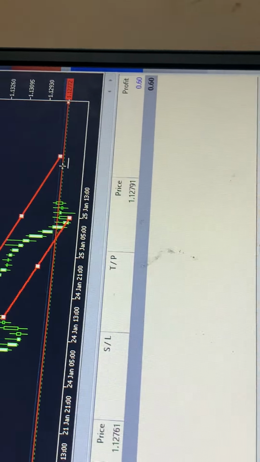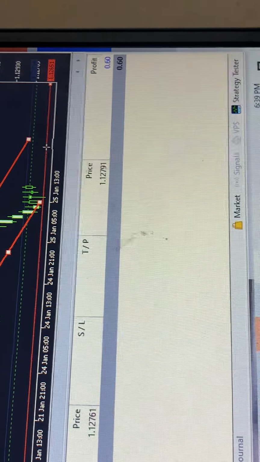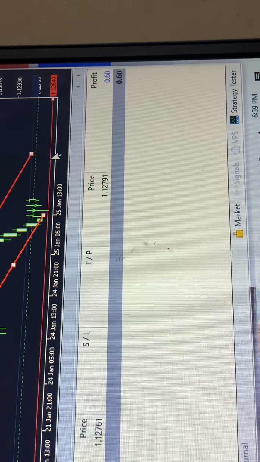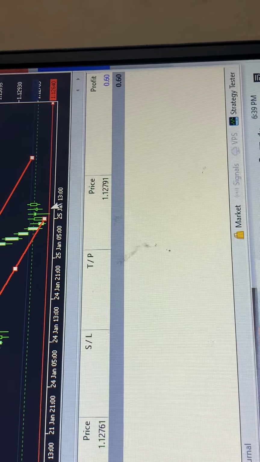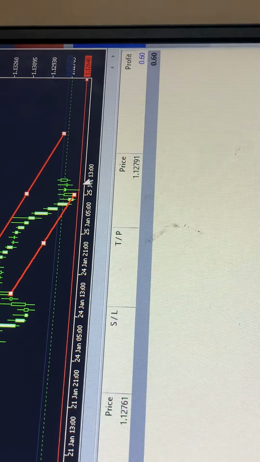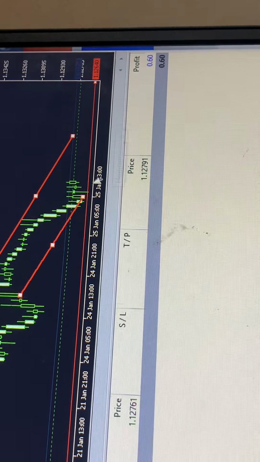Like I said, you always put it below your rejection candle, just there. So once the market breaks through this, it's no longer going up, but it's going to form a different structure down again.